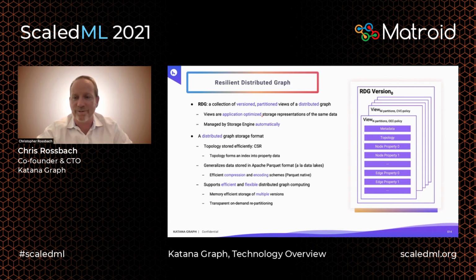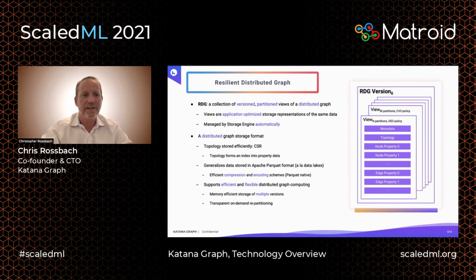One algorithm may work well with one policy, but not so well with another, and so on. So what we're trying to do underneath the covers of the RDG is allow the storage engine to manage this problem automatically by choosing different views and capturing different views that represent different partitionings and automatically providing them on request or on demand to the graph engine itself.